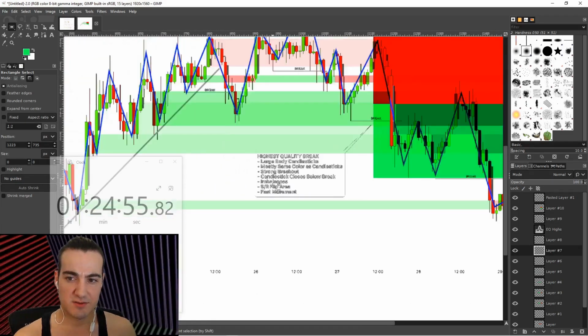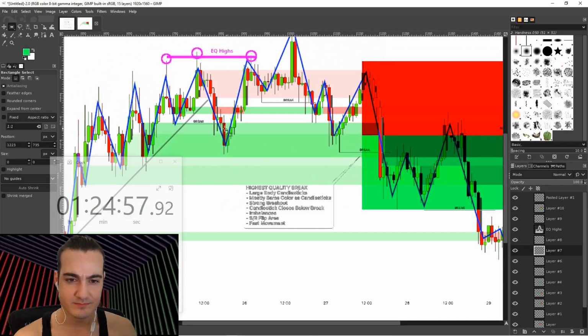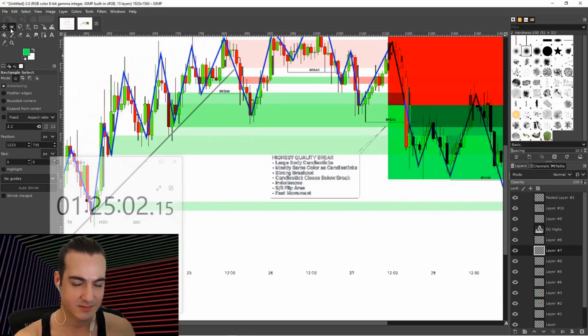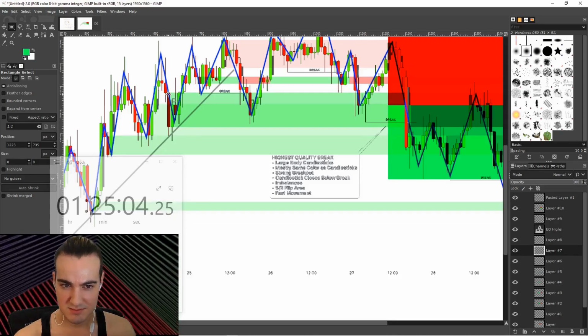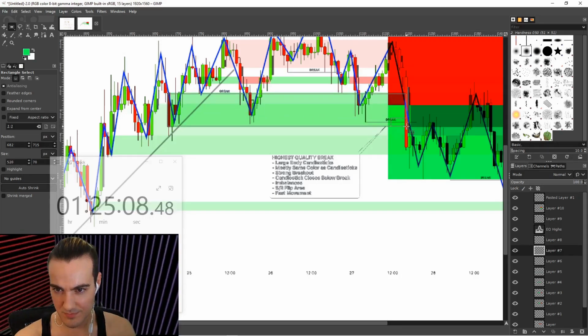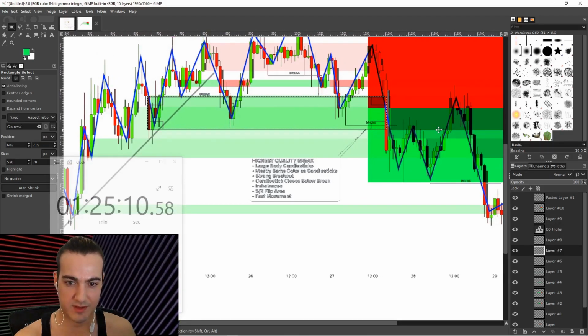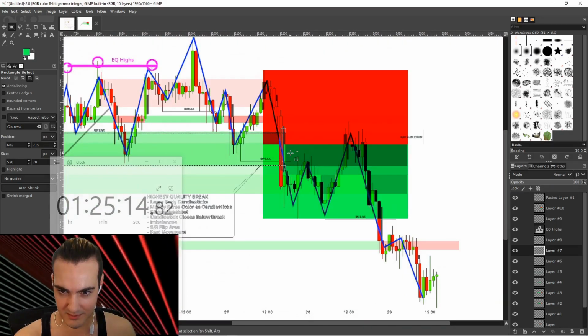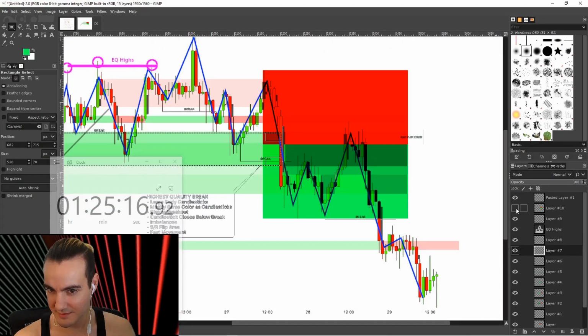Support and resistance area. I guess if you consider these order blocks to be the support, then yeah, that would be a flip. Let me turn off this.